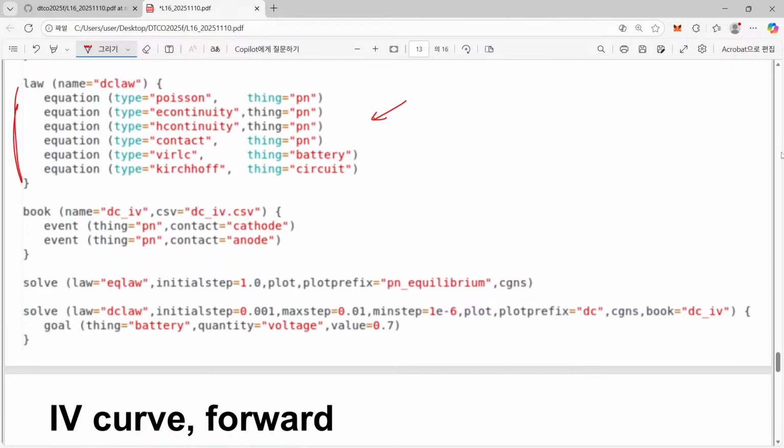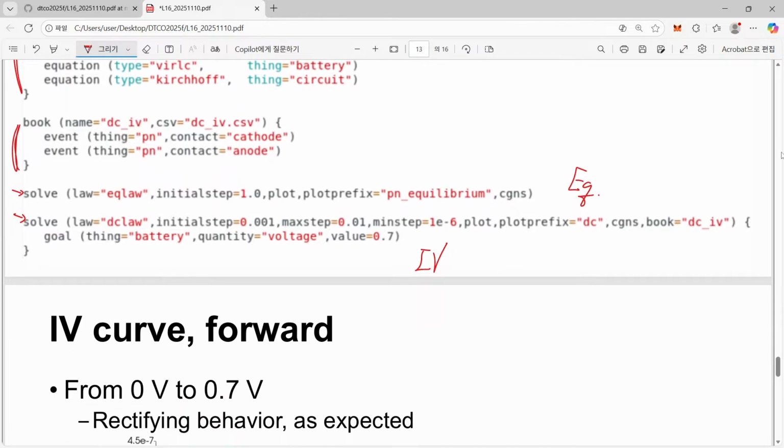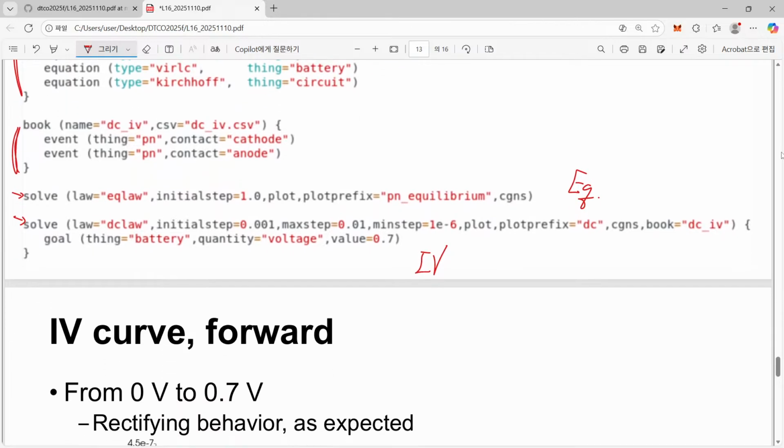After that, we specify the output format, and this solve is related with the equilibrium property, and the next solve is related with IV characteristics. So once you type without any mistakes and press enter, then you will have the answer.